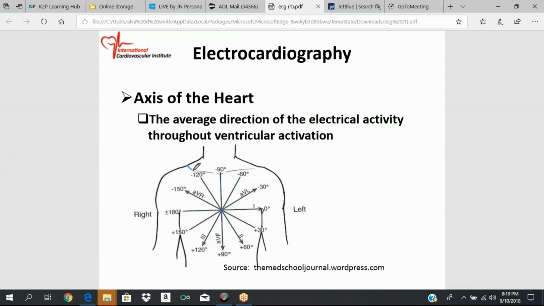It's going to be somewhat like this. If you just think about it, the electrical impulse is going to be like this. The normal electrical impulse, however, is going to be like this. Now we're going to introduce the concept of the axis of the heart.